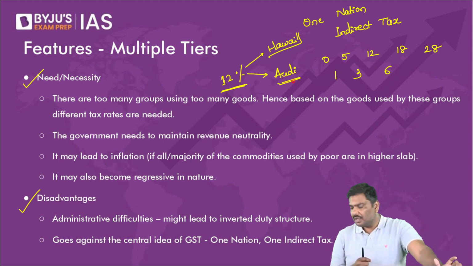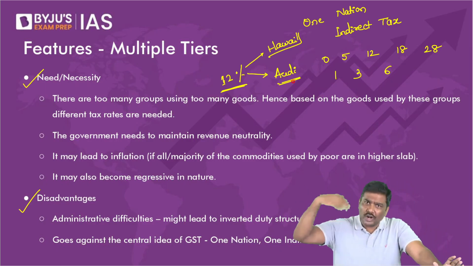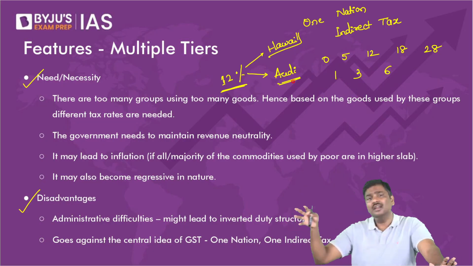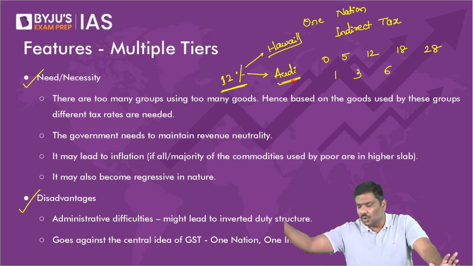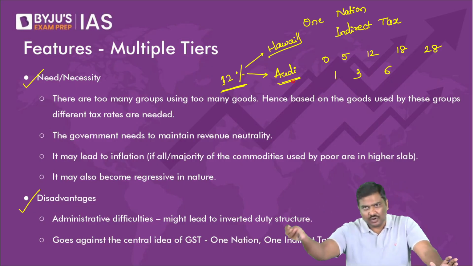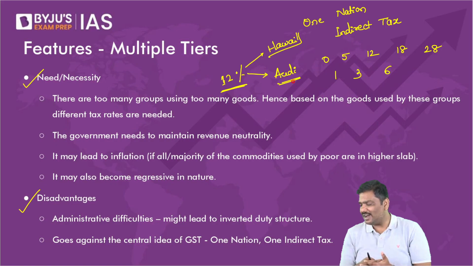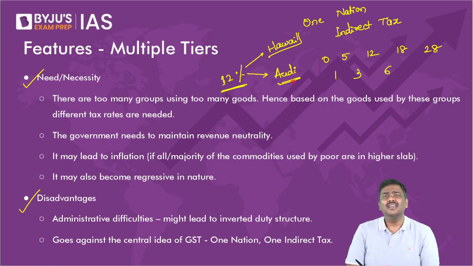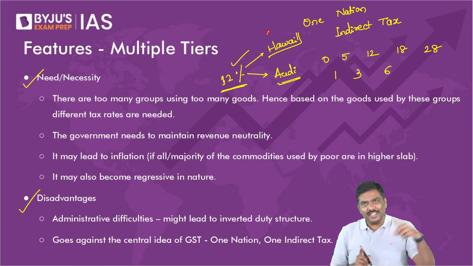You have only one rate of GST, 12%. 12% is applicable on Audi car, Rolls-Royce car. 12% is applicable on a common man consumption good, such as food grains, Hawaii chappals, clothing, etc. Is it a fair type of a tax? Answer is no.